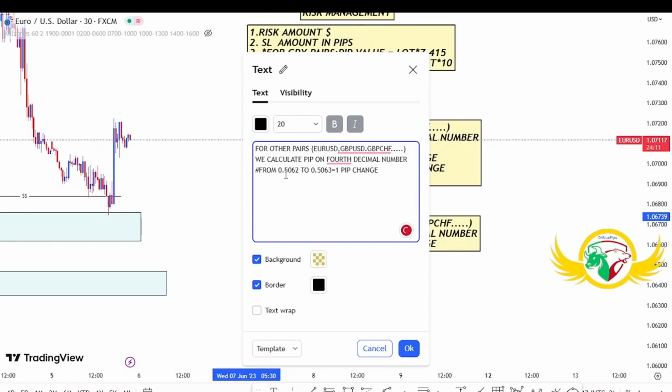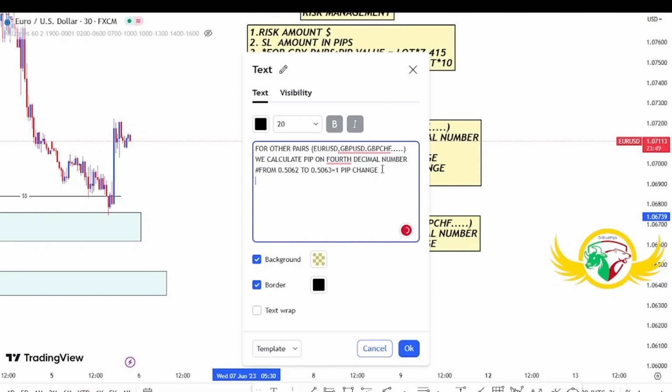You can count first, second, third, and fourth. So you can see we moved from 5062 to 5063. This is 1 pip change. Okay.